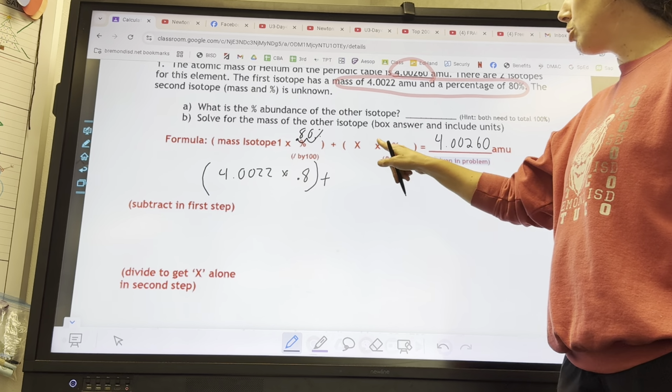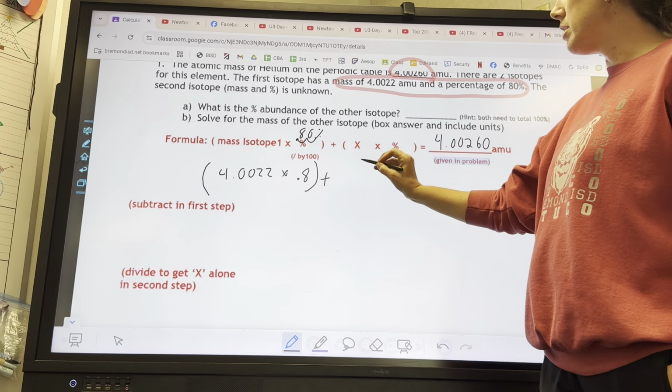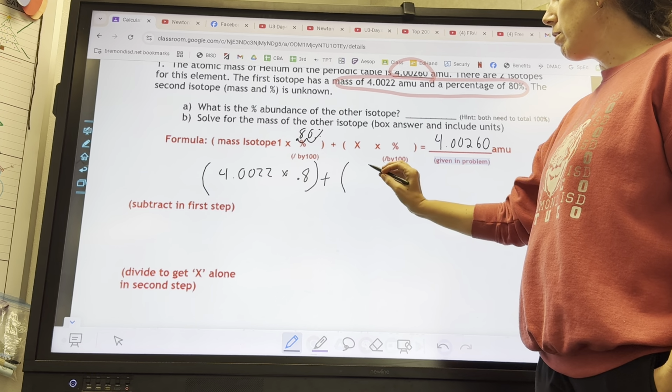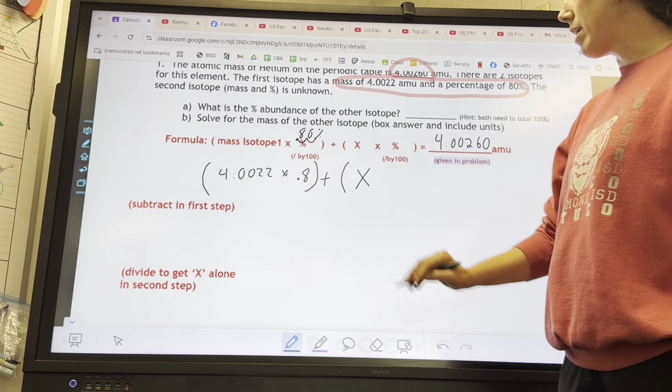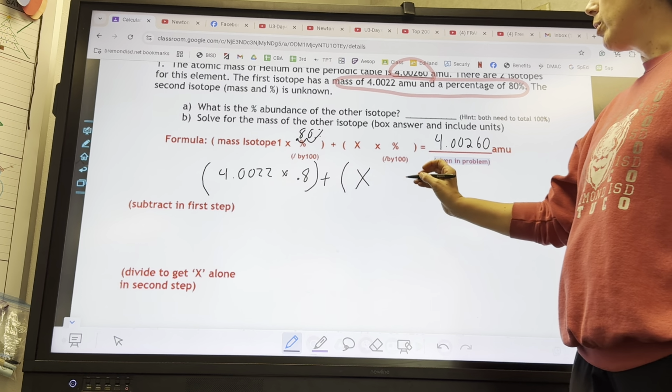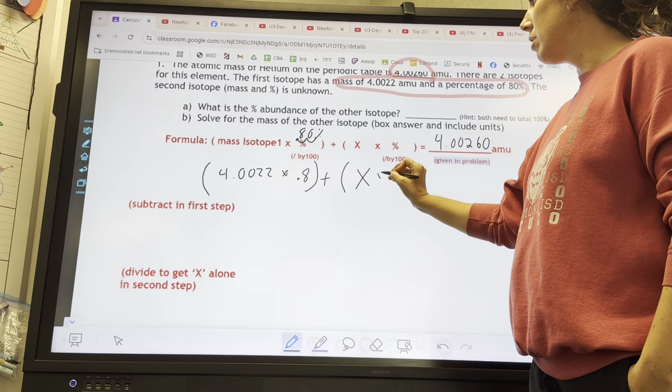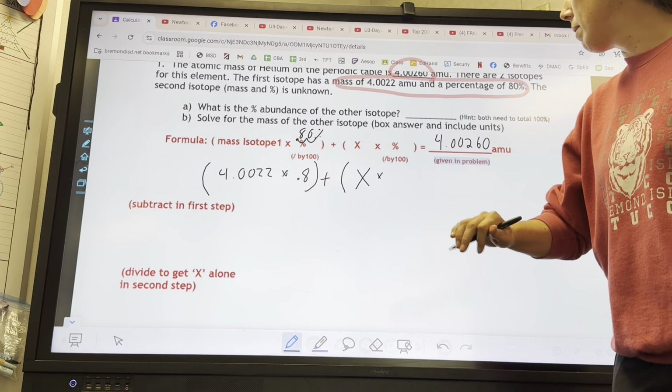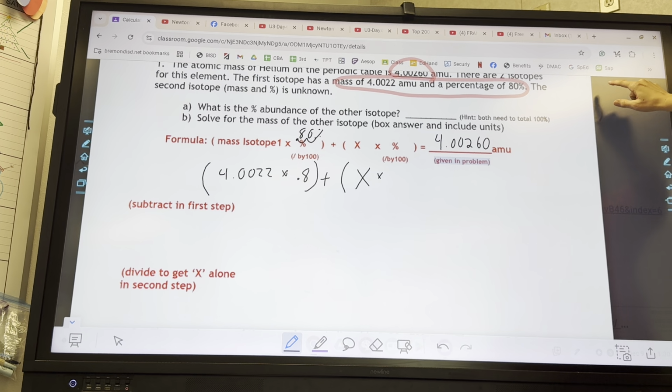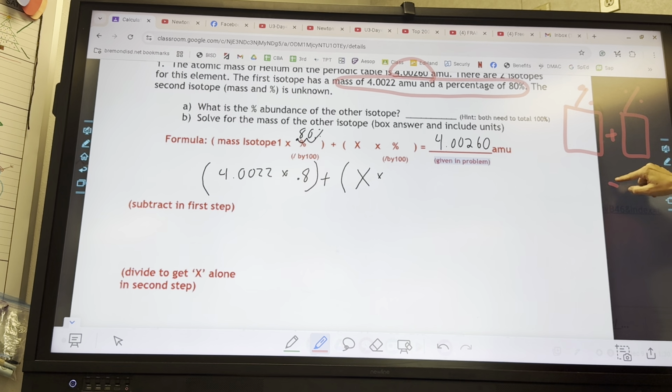And then isotope 2, we don't know. So this is the deal. We don't know the mass of that isotope, so that is our x. But we do know the percentage. So remember, isotope 1 percentage plus isotope 2 percentage has to equal 100%.